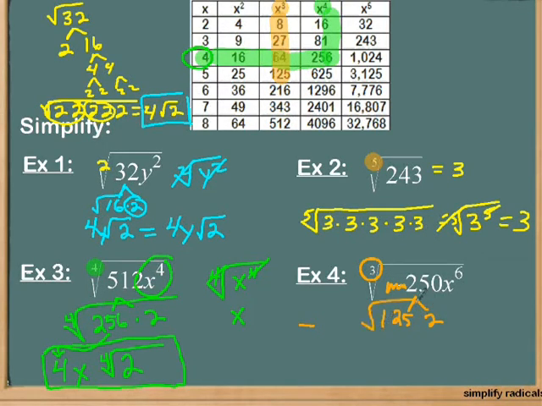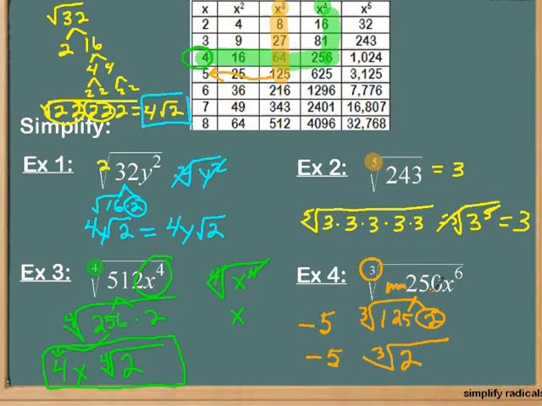And I know that this 125, the 3rd root of that, let me see what it is. 125, the 3rd root is 5. So now I have a negative 5 sitting on the outside, and the 2 is going to be left behind, so the 2 does not come out. So let's write what we have so far. I'm going to write this index before I forget. I have the 2 underneath the radical because it did not come out.